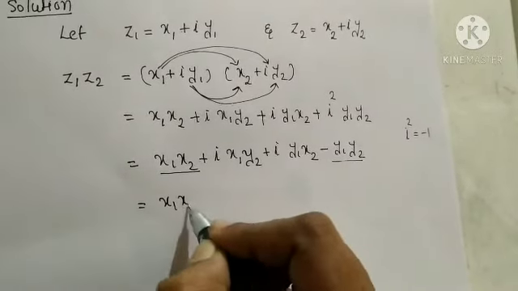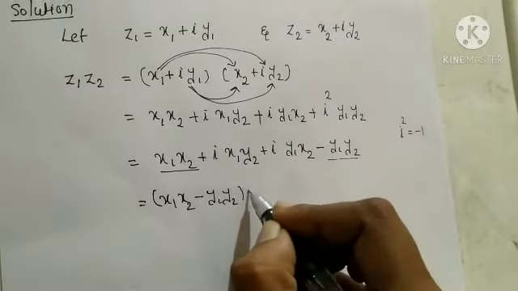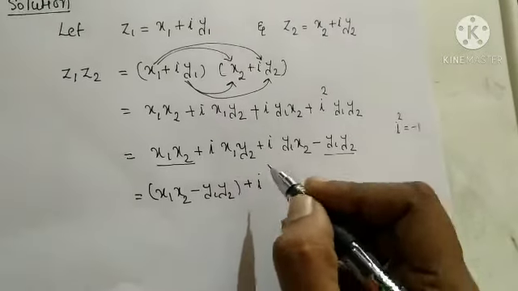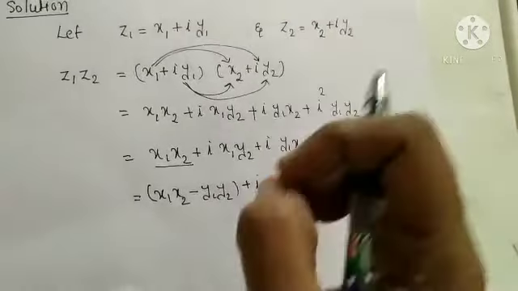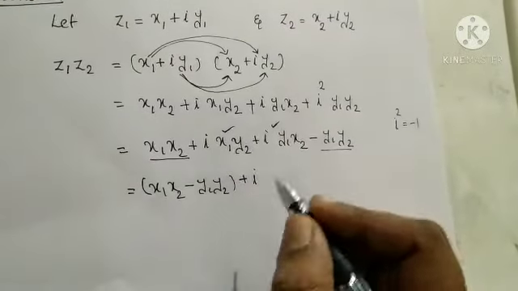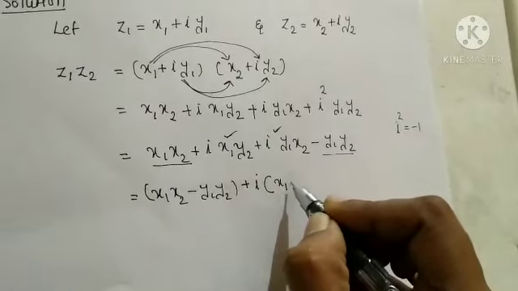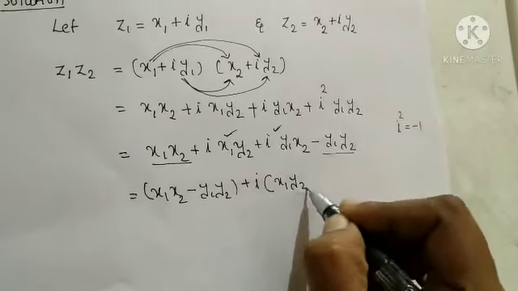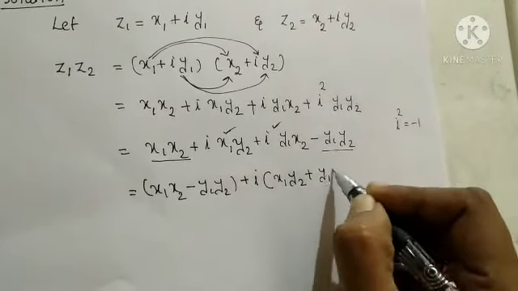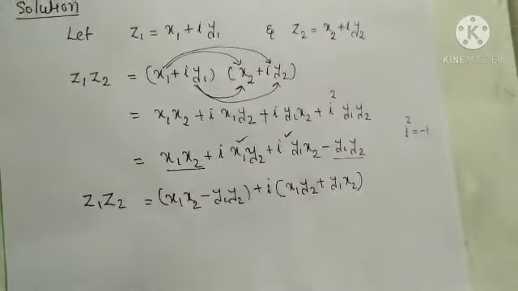Next I am going to write the imaginary part together. Here these two are the imaginary part, taking i outside, so it will become i into (x1 y2 plus y1 x2). Okay, so this is our z1 z2.